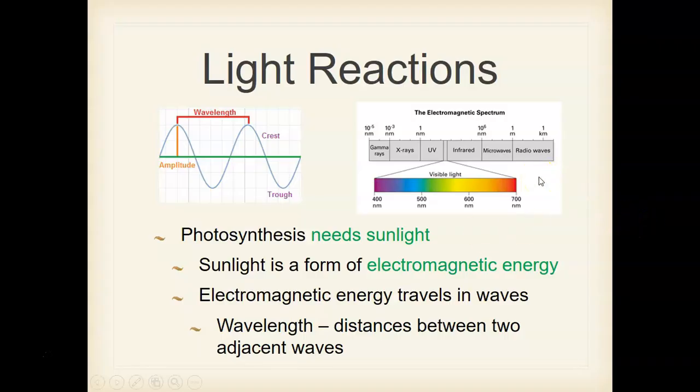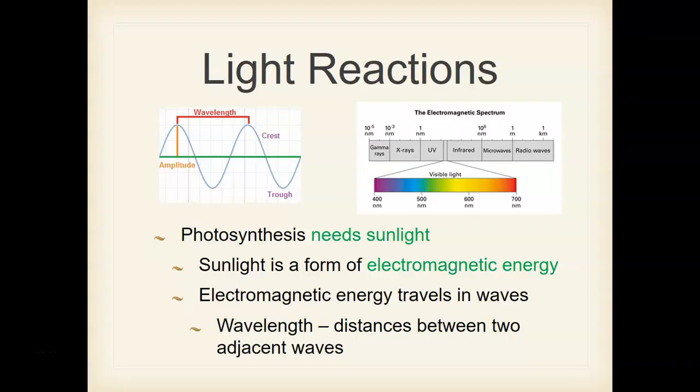That electromagnetic energy travels in these waves, right? For every wavelength, I go from peak to peak or crest to crest. That tells me something about that wave. It tells me how much energy is associated with it. The closer together those waves come, the more energy that's associated with them, but they will tend to burn out more quickly.